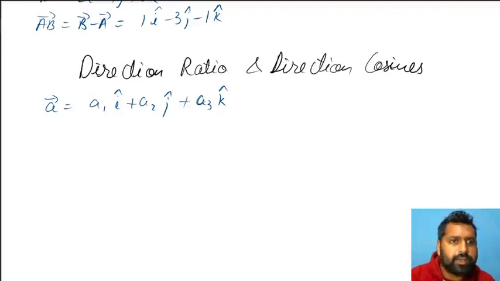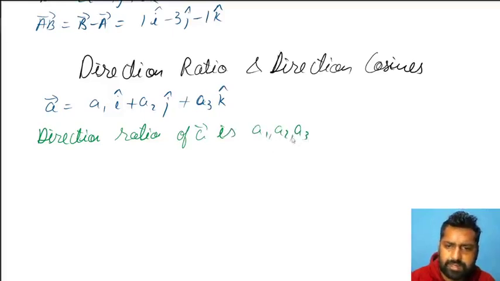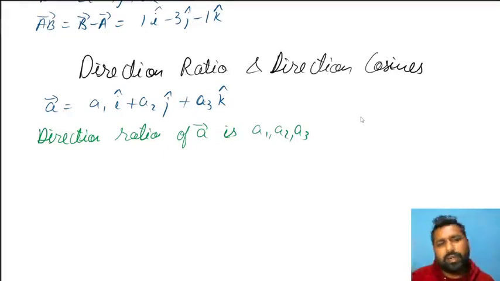Now if I ask you what is the direction ratio of A vector, it is A1 A2 A3. It's as simple as that. Okay, so basically direction ratio means components. It's just that the word makes it look like it's going to be very complicated, but it's actually not. So direction ratio of A vector is A1 A2 A3. That's it. Means ijk components, they are called direction ratios.